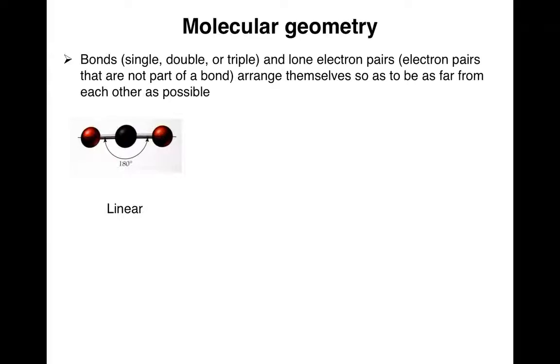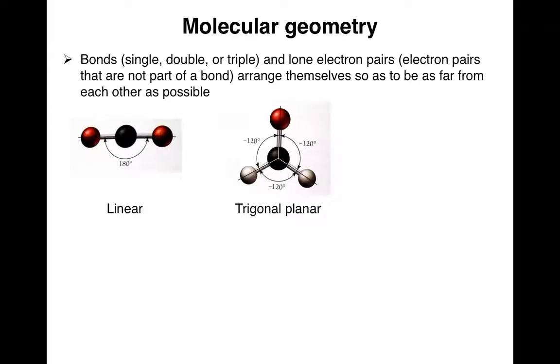If a central atom has 3 bonds and no lone electron pairs, in order to be as far from each other as possible, the bonds must point towards the vertices of an equilateral triangle at angles of 120 degrees to each other. This molecular geometry is called trigonal planar. An example of a trigonal planar molecule is boron trihydride.